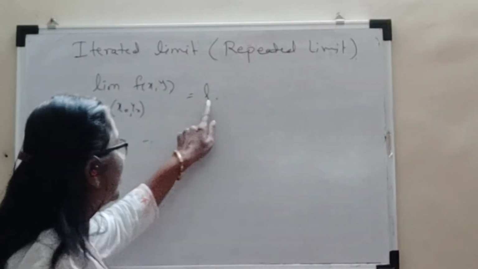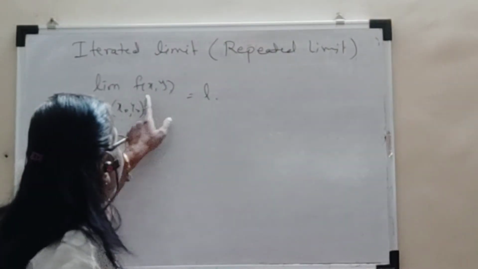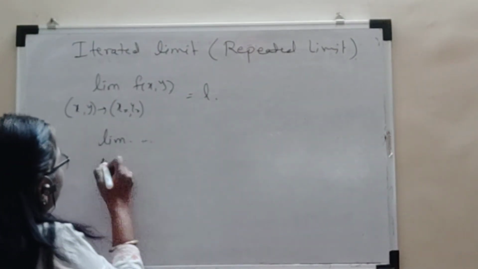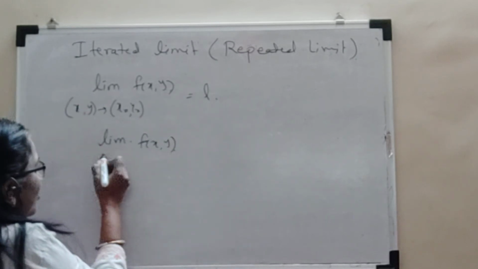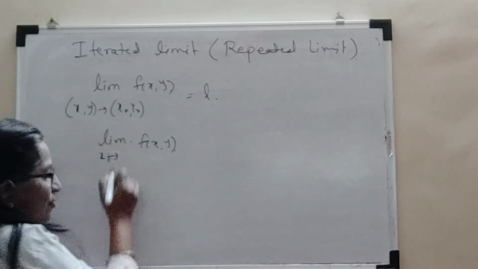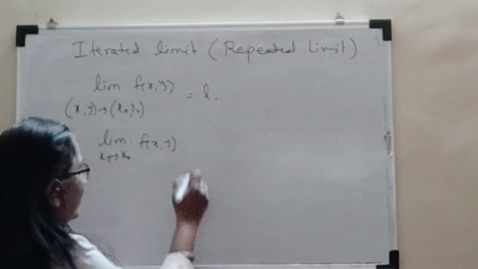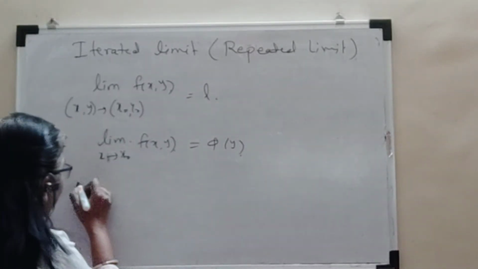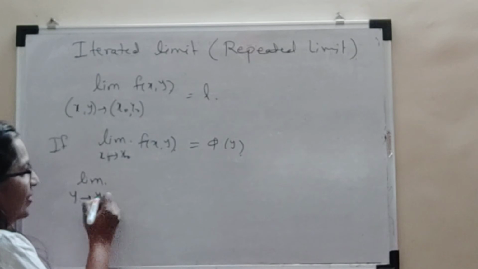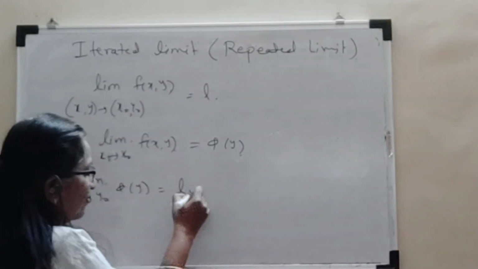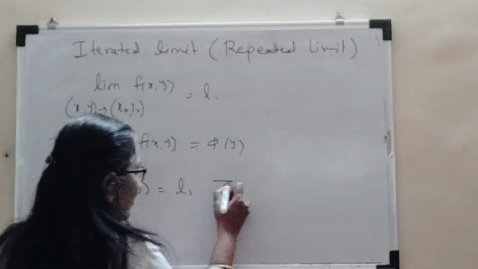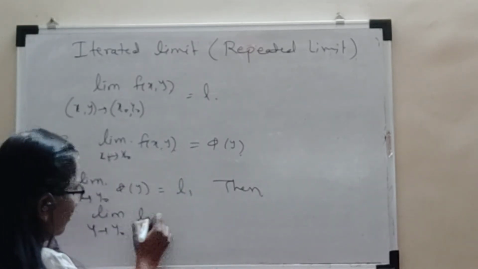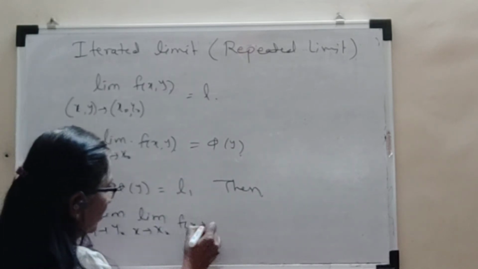And if this limit value is finite, say L, then we say that the simultaneous limit of f of x, y is equal to L. But in the case of the iterated limit, we take the limit of f of x, y, first of all with respect to x, so when x tends to x0, and if it is equal to phi of y, then we take the limit when y tends to y0 of this phi of y, and if that is equal to L1, then we say that the limit y tends to y0 of phi of y is nothing but the limit x tends to x0 of f of x, y, equal to L1.